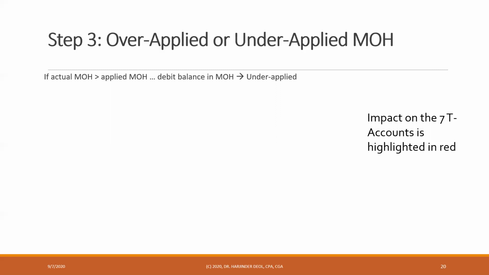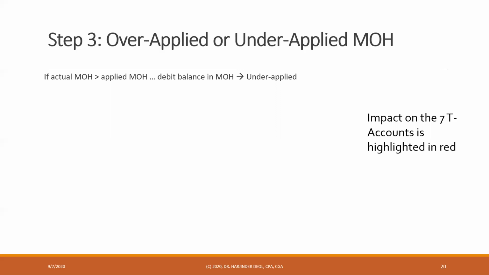So if they're not, there's two possibilities. Either the actual manufacturing overhead is greater than the applied manufacturing overhead, which means we'll have a debit balance in the manufacturing overhead T account. This would imply that the manufacturing overhead cost for the period was under applied, i.e. not applied as much as the actual costs incurred.